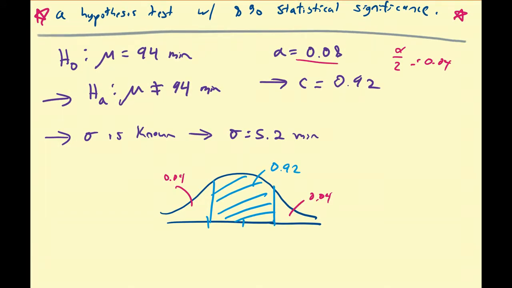Since sigma is known, we're going to assume this is normally distributed, so the curve drawn is the normal distribution. That means there exist two numbers, z alpha over 2 and minus z alpha over 2, that correspond to this level of confidence, 92%.